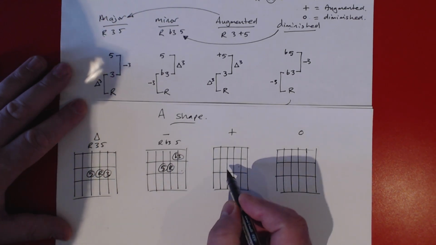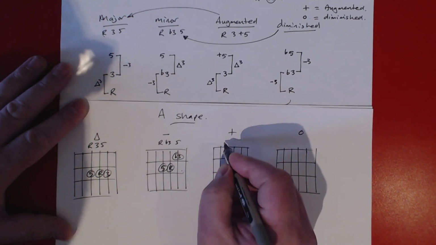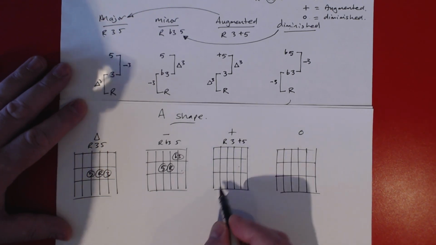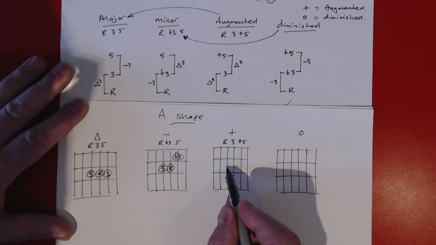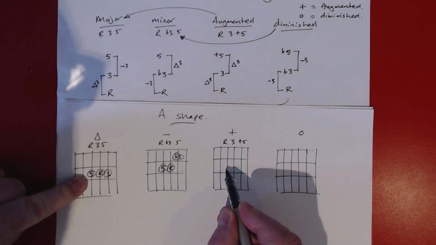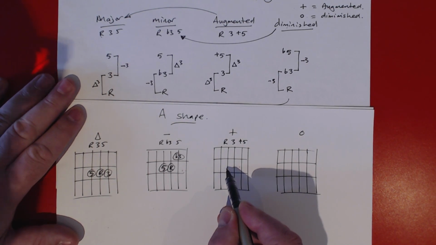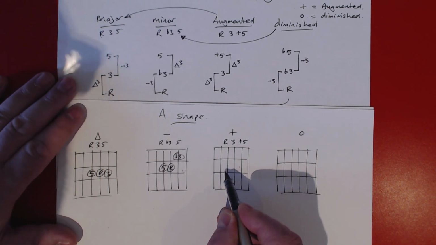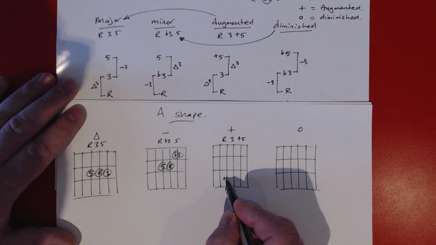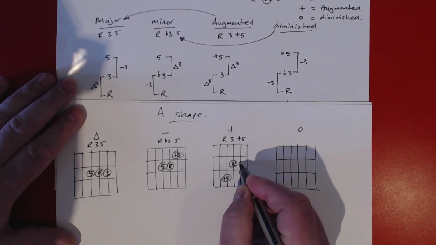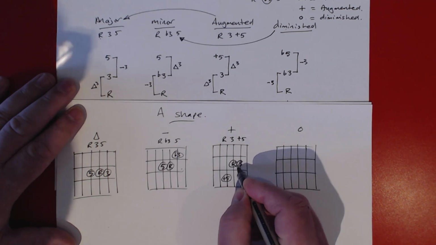Now the next thing we need to do is with the augmented, if you remember, we had a root, third, and an augmented fifth. Now ordinarily the fifth would be here if we reference the major triad that we had here, but what we have to do is augment that. Augment means making things bigger. If we go plus 5, the root is still in the same position and the third is still in the same position.